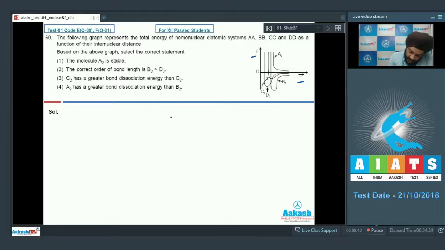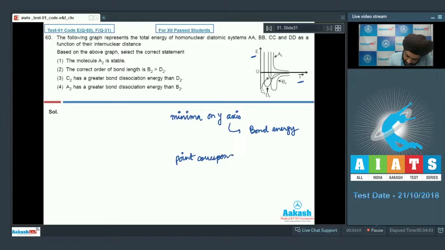So the minima on the y-axis gives us the bond energy, whereas the point corresponding to that minima on the x-axis corresponds to the bond length.